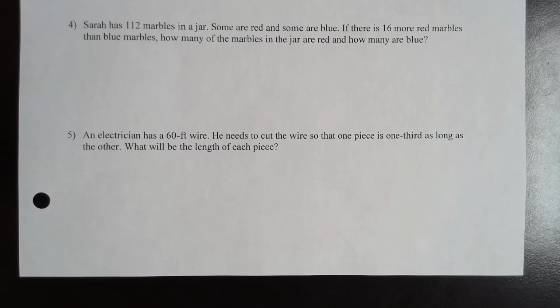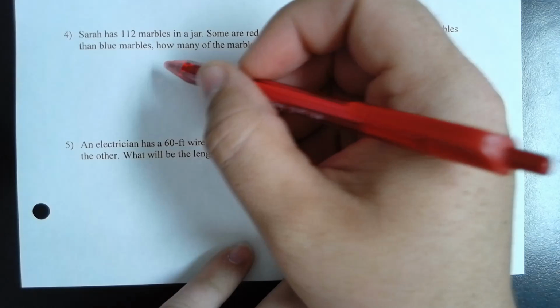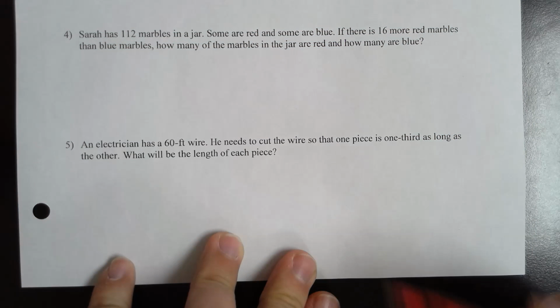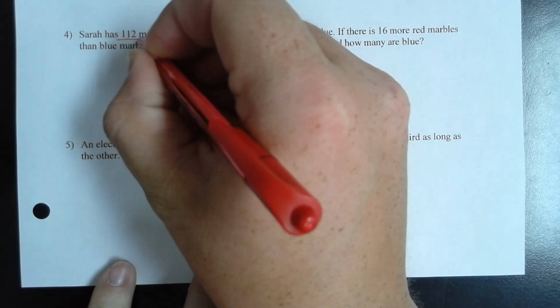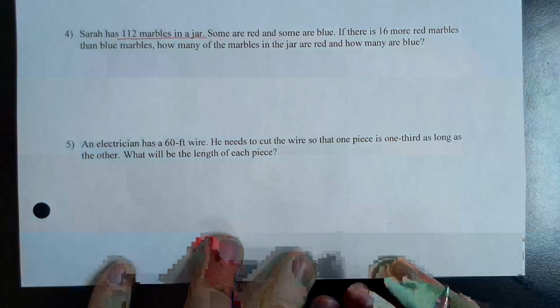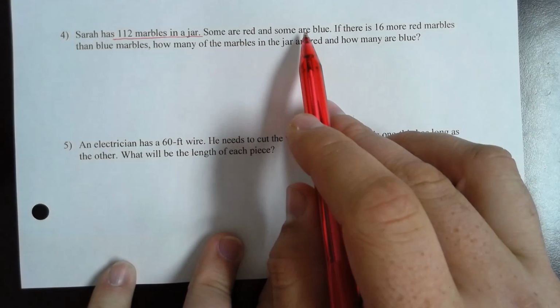Okay, so we know that Sarah has what? Okay, so there's some important information there. She has 112 marbles in a jar. Okay, some are red, some are blue. Is there anything necessarily important there for us?